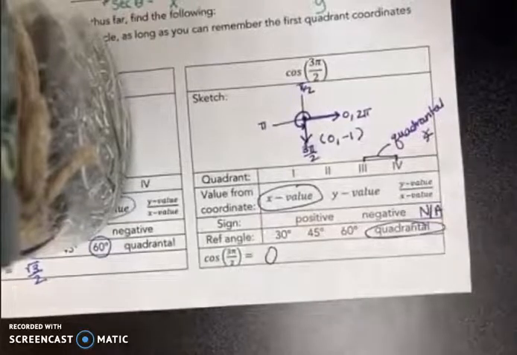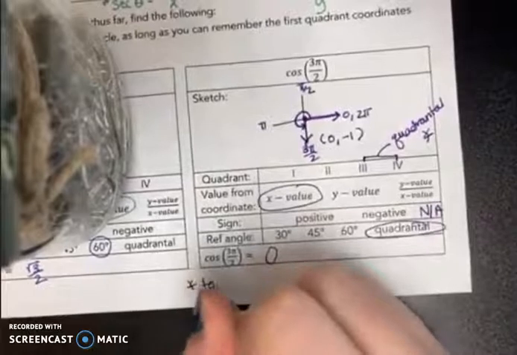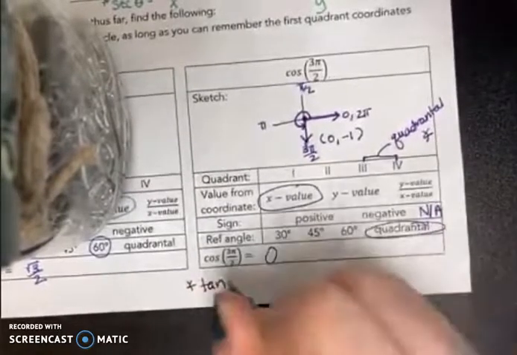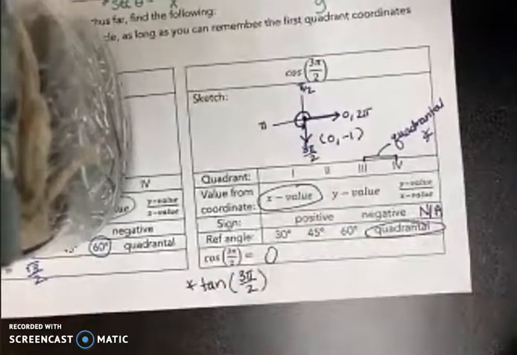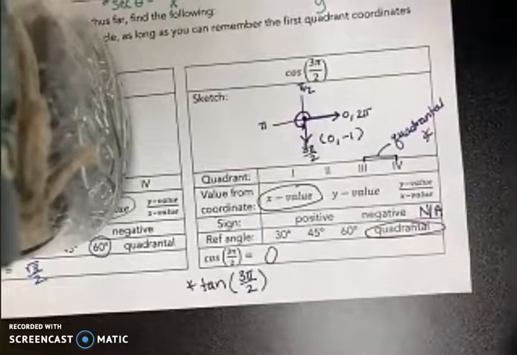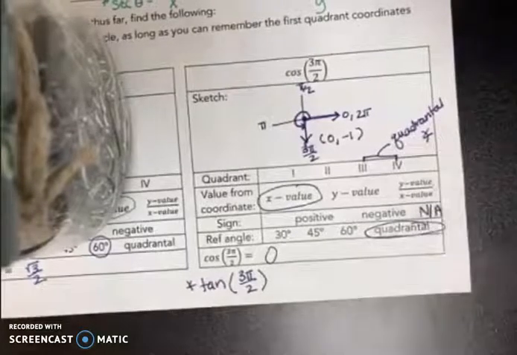Now, I know there's not an example on here, but I just want to show you tangent. So let's say I wanted tangent of 3 pi over 2. Tangent is not the x value or the y value. It's the y value over the x value.